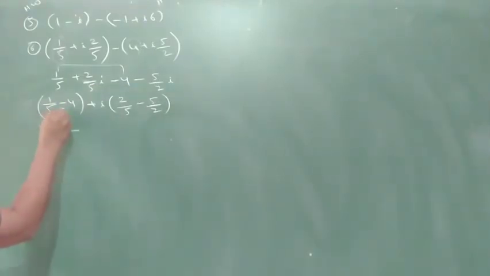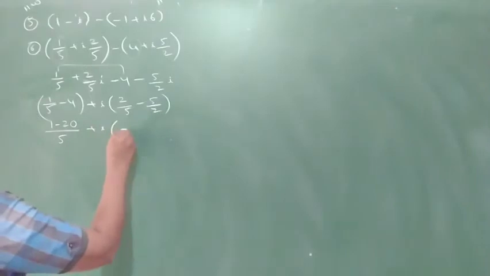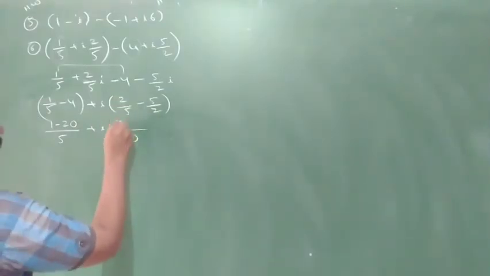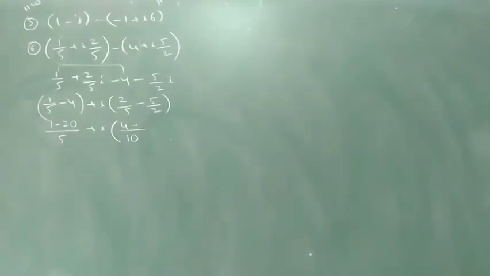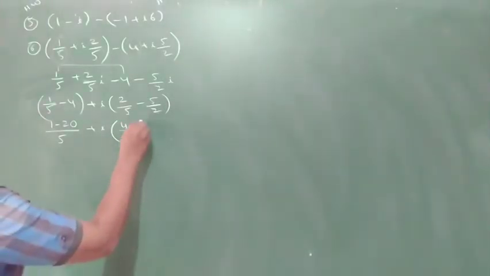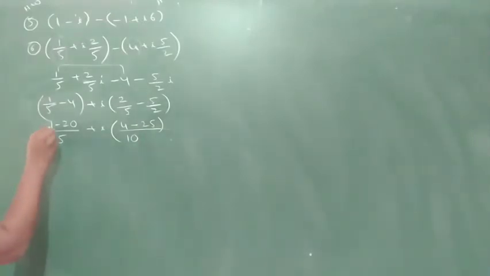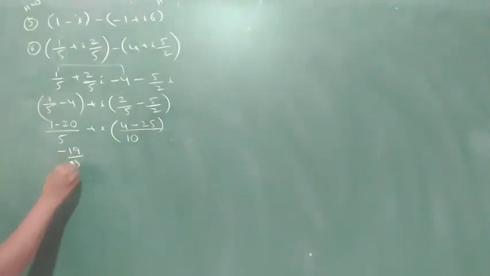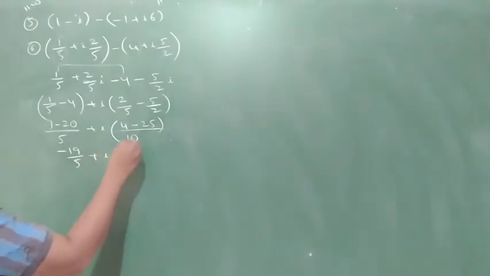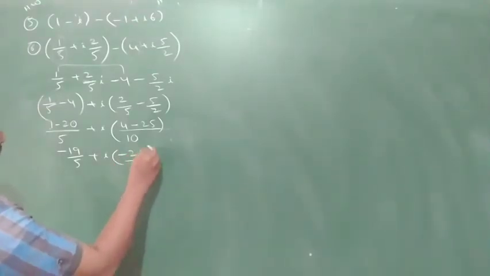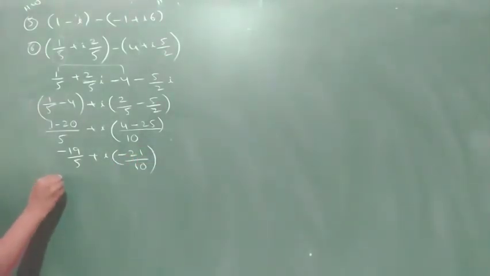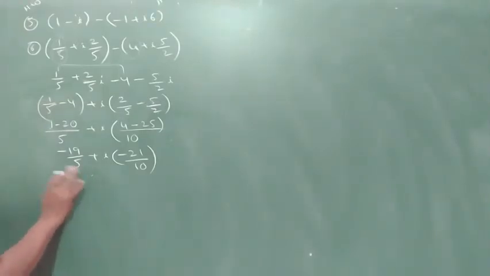For 1 by 5 minus 4, LCM 5: 1 minus 20, minus 19 by 5. Plus i into 4 minus 25, which is minus 21 by 10, of the form a plus ib.